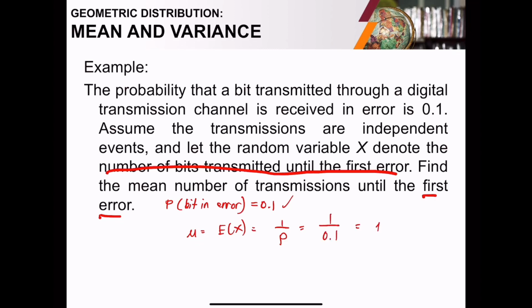So it means you get 10 bits transmitted on the average, 10 bits transmitted until the first error. That means, on the average, the first erroneous bit will happen on the 10th bit transmitted.